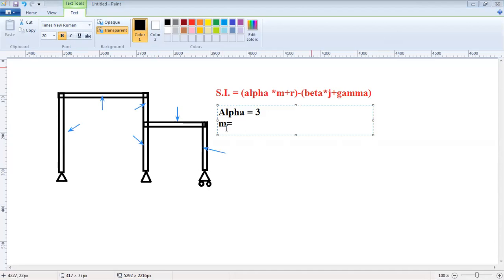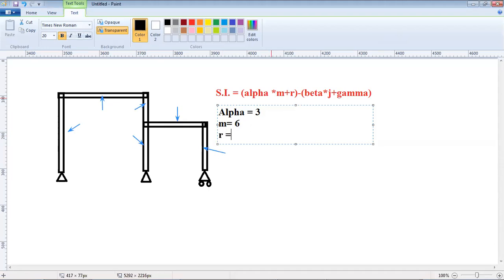So in total you have 6 members. R is the number of reactions: this is 1, 2, 3, 4, and 5. So total you have 5 reactions.